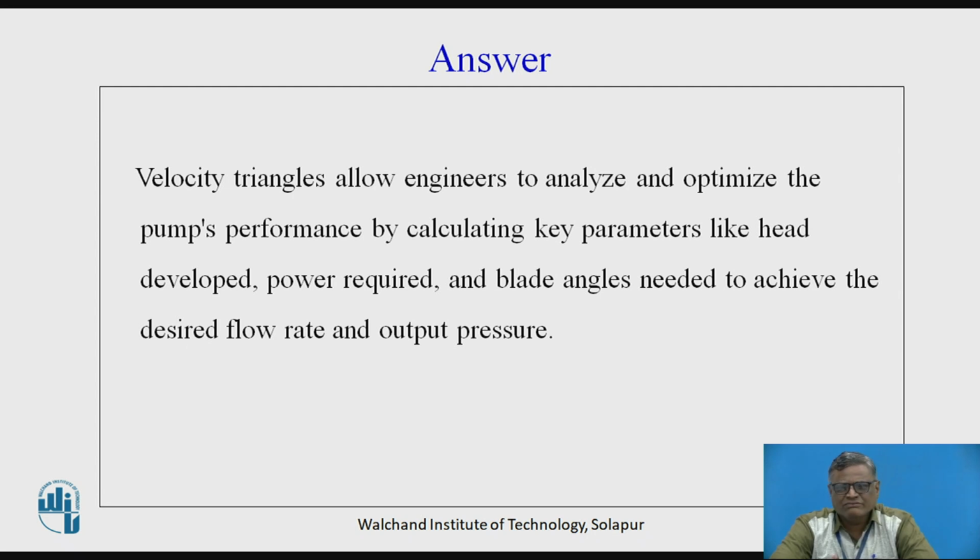Means you can say that we can go for changes in the design, or when we initially design the centrifugal pumps, the various parameters can be determined by drawing the velocity triangles. So we want to optimize the pump's performance, and our requirements are like the output pressure should have a certain value, and the flow rate should have a certain value. When we are interested in achieving all these, we need to consider these velocity triangles.